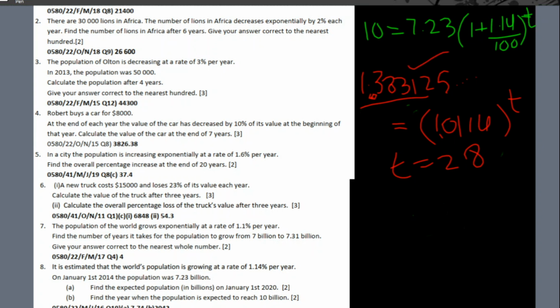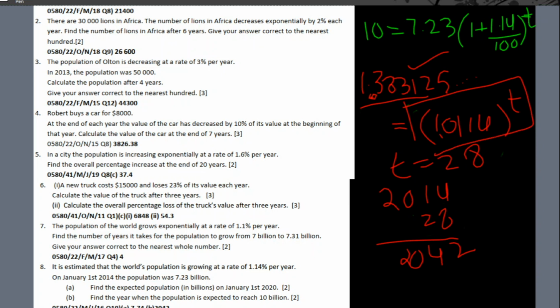So the value for time is 28, then you add 28 years to 2014 and you get 2042. You can also use the table option of your calculator and enter multiple values of t together. That will make your working a lot easier.